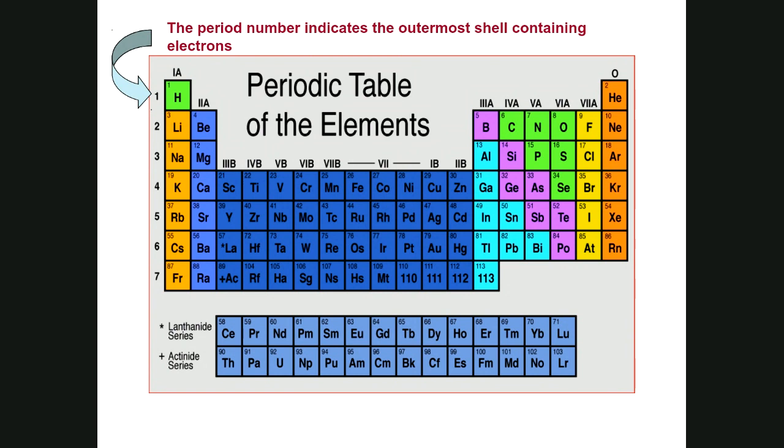That's the maximum that this shell can carry, because the first shell can carry only 2. Neon has 10. The last shell has 8. This is why I put 0 over here. They are stable gases. They are noble gases. Those cannot interact. They are stable. They are not going to interact with any other element. Those are not stable, between parentheses.